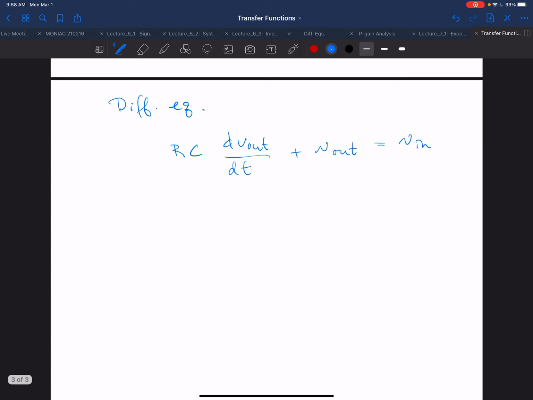So if we were going to solve this differential equation, we would simply take Laplace transforms. So let's do just that.